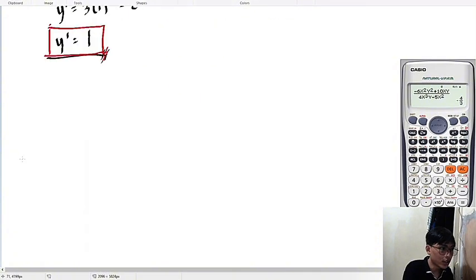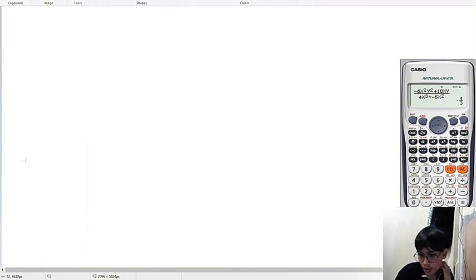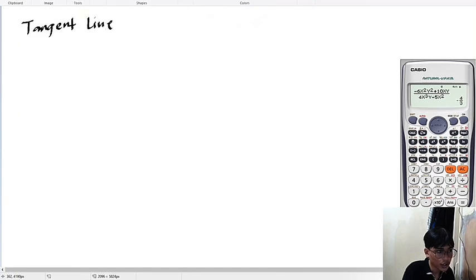Now, let's proceed to how we get the equation of the tangent line and the normal line. Again, let's review the tangent line. Let's say we have a curve, say a quadratic curve again.